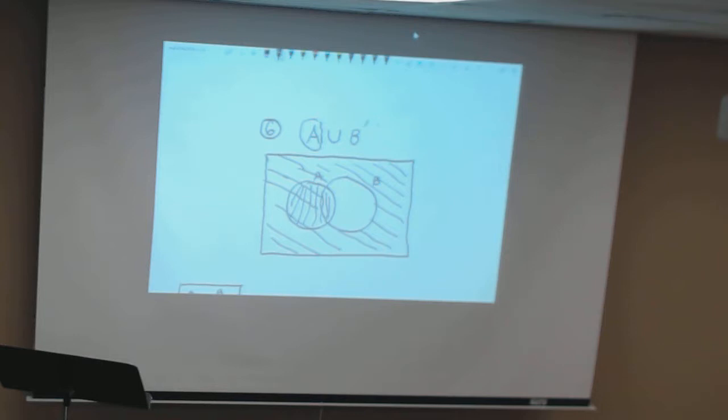And the complement of B, that would be everything outside of B. All this stuff out here. Everybody follow what I'm doing? Making marks going both directions so you can kind of see what's happening. That's the complement of B.